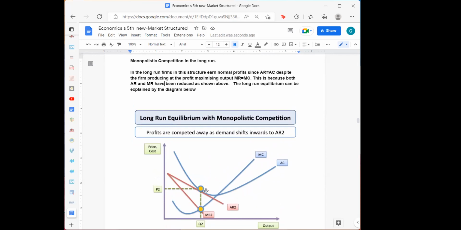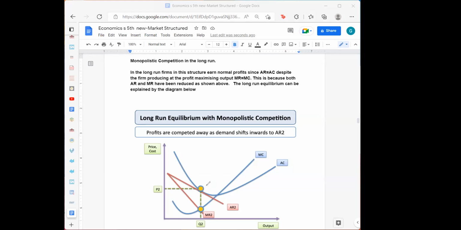This is our AC curve, and this is our AR curve. This diagram here is already shifted. It has some invisible things there. The diagram doesn't show it, but in reality there was another AR somewhere outside, an AR1, and there was an MR1 somewhere here, right? But this curve already catered for that.